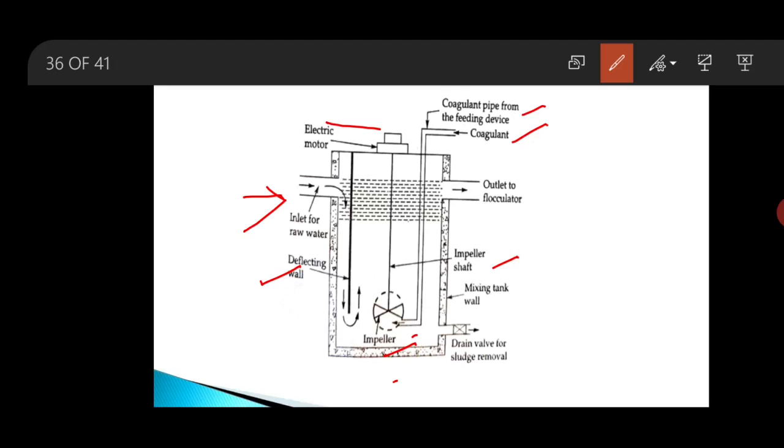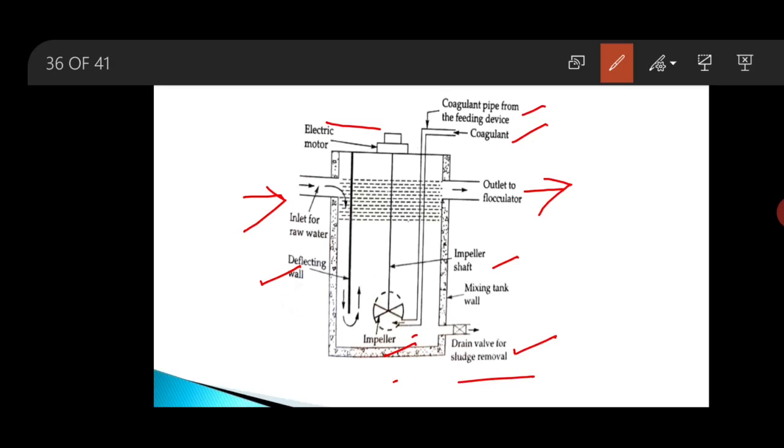After thorough mixing, the water is taken out through this outlet valve to the flocculator, where it will mix gently and slowly. And a drain valve is provided at the bottom of the rectangular tank for the removal of sludge.